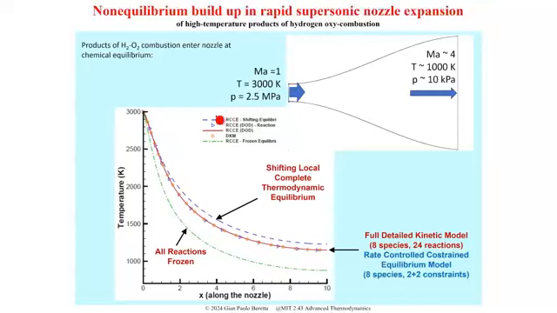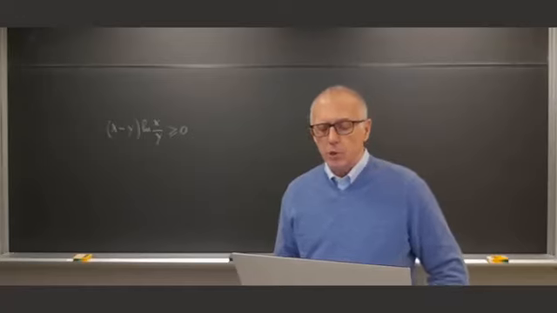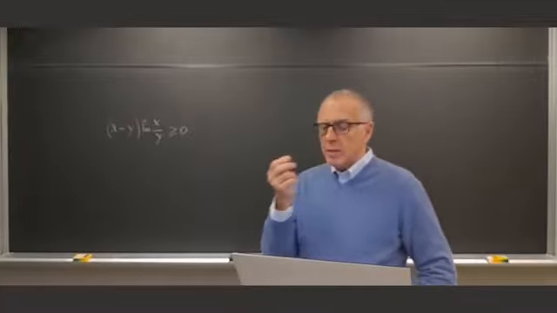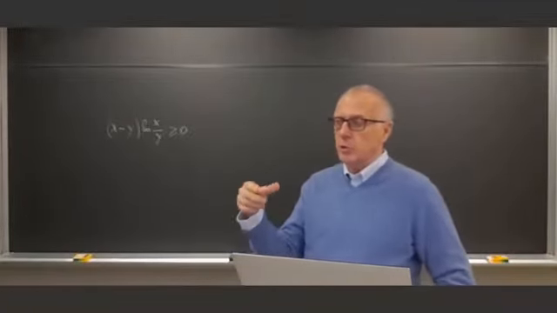So these products of combustion are at an adiabatic flame temperature. They are at a certain pressure, about 25 atmospheres. And the throat is so designed so as to achieve the maximum speed.